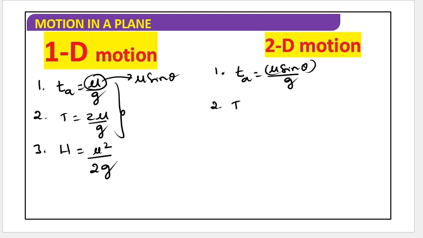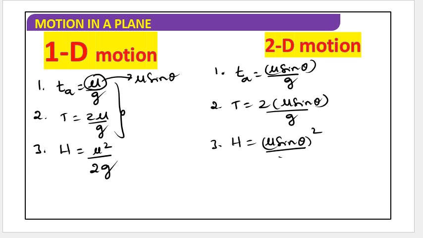In time of flight, in the place of u, write u sin theta. Third, maximum height is u sin theta whole square by 2g. So this is a short trick. If you remember the formulas in one dimensional motion, then put u sin theta in the place of u, and it turns into two dimensional motion.